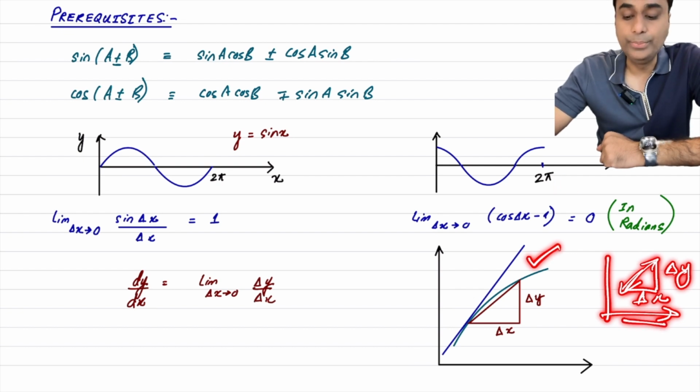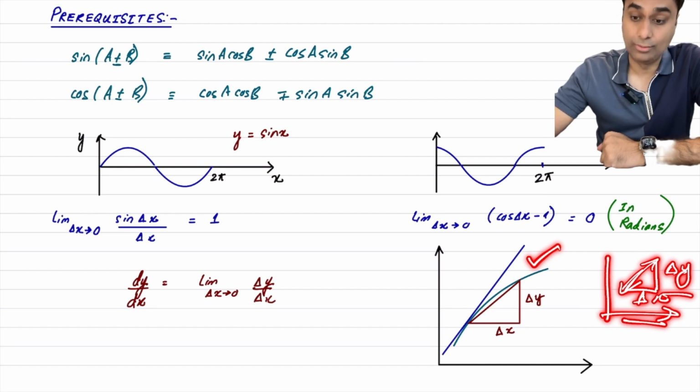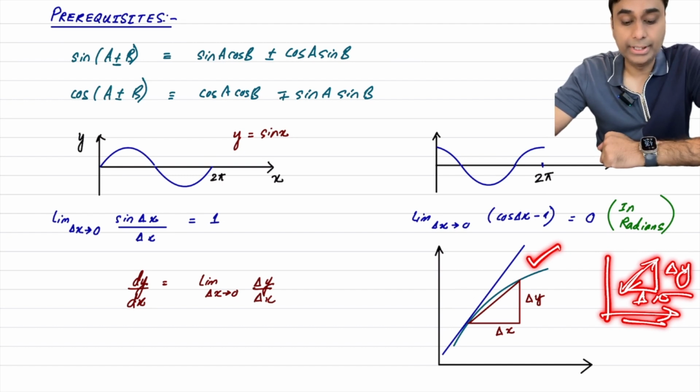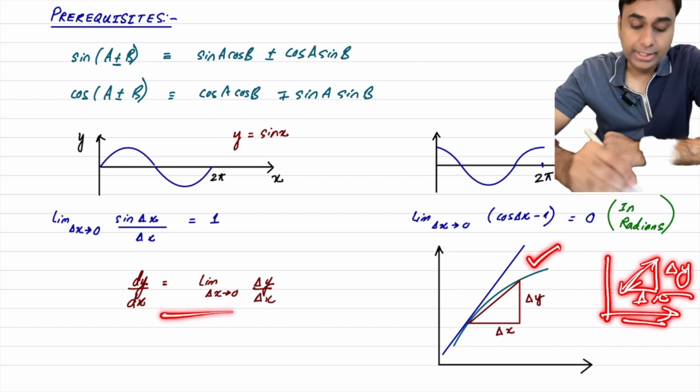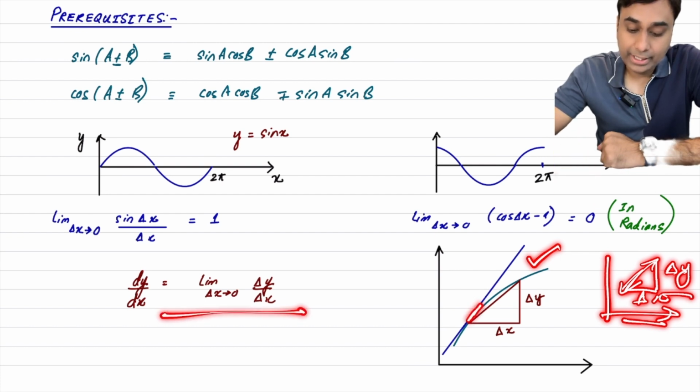So you can't simply apply this direct formula, and hence, since it's not constant, it is called the gradient function. The gradient function is obtained by taking delta y over delta x for a very small segment of the curve, where it approximately matches the gradient of the tangent to the curve at that point.